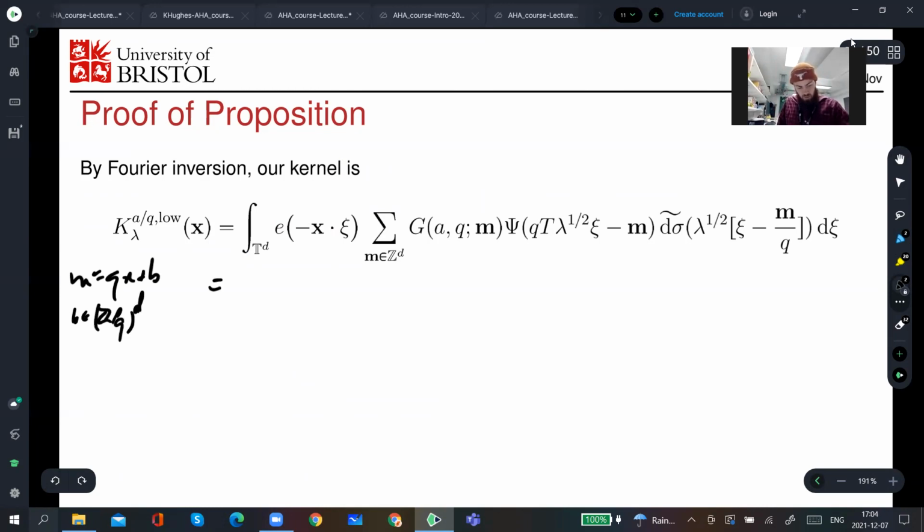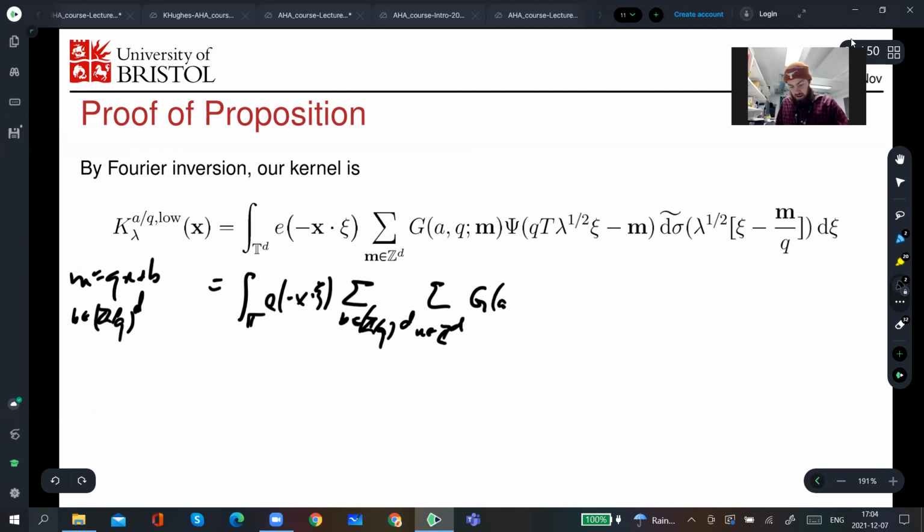So this equals the integral over T^d, this character, and then I take a sum over b in Z mod q to the d, and a sum over n in Z^d, g of a, q, m, then psi of q t square root lambda c minus qn minus b, because that's m right there.